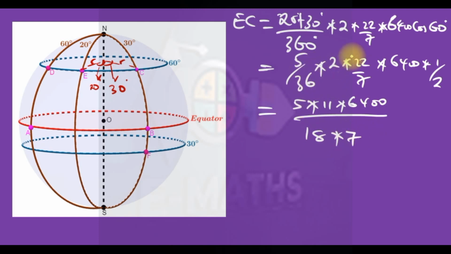Let's calculate: 11 times 6,400 divided by 18 times 7 gives 2,793.65 kilometers.